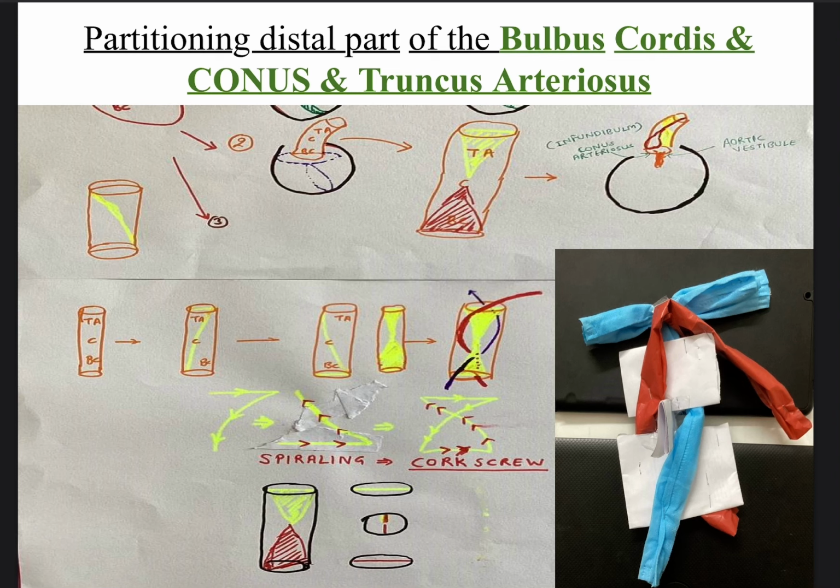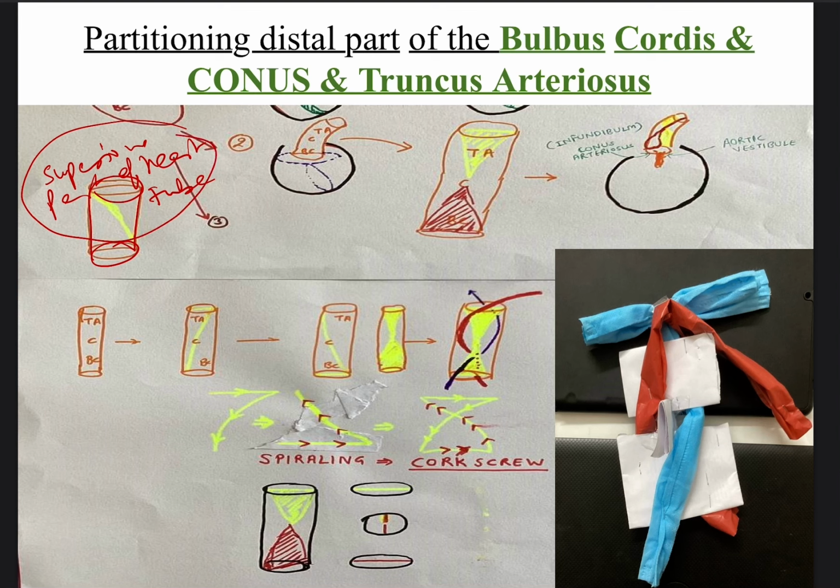Now we are going to discuss spiral septum development, or conotruncal septal development. This spiral septum develops in the truncus arteriosus. This is the truncus arteriosus. Where was this truncus arteriosus? If you are aware, the truncus arteriosus was the superior-most part of the heart tube.